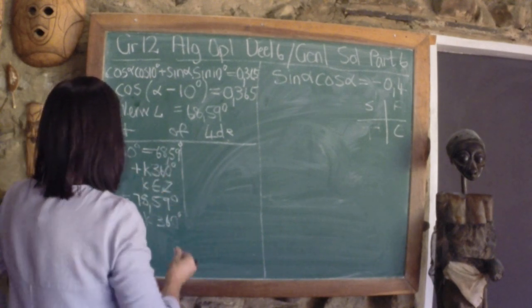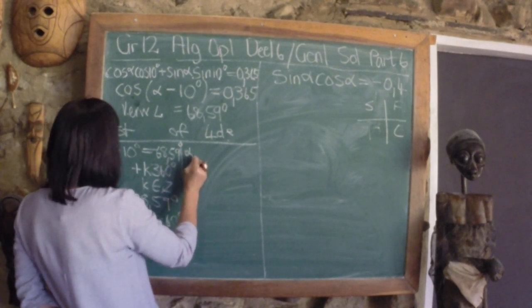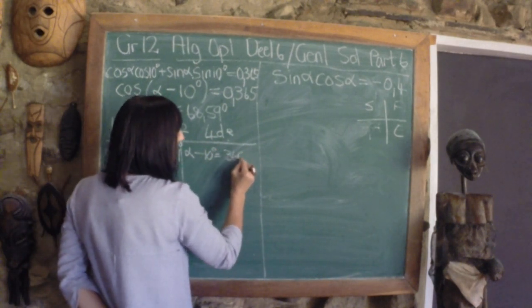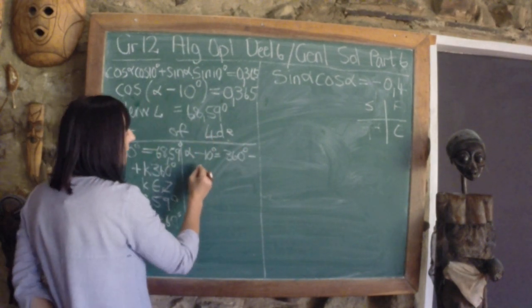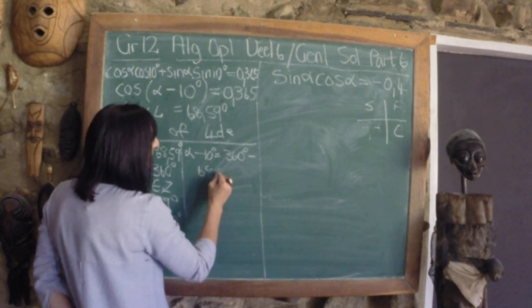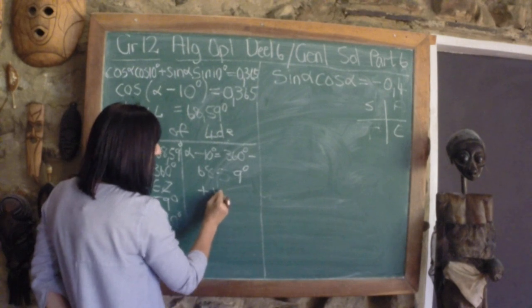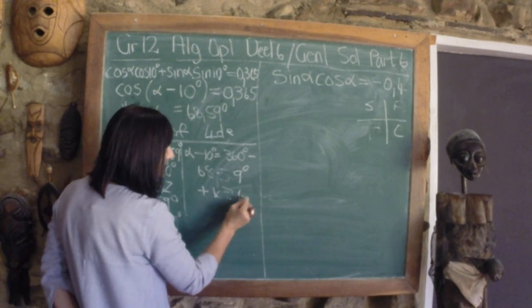Okay, in my fourth quadrant, I've got alpha minus 10 degrees equals 360 minus my reference angle of 68,59 degrees plus k times 360.